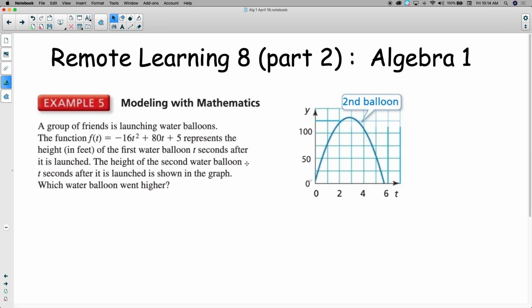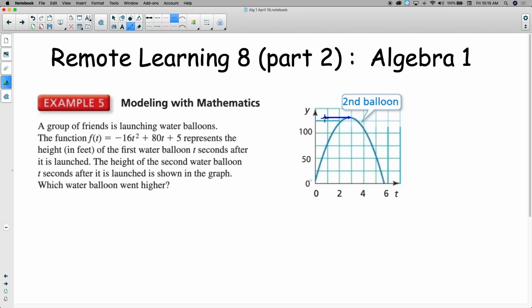There are two scenarios. There's the first water balloon scenario, and that's this model. We need to find how high this one went. That's in line with the lesson from part 1. And then there's this water balloon where I can find the maximum height by just reading it from the graph. I'm going to do that first, since that's kind of easy.